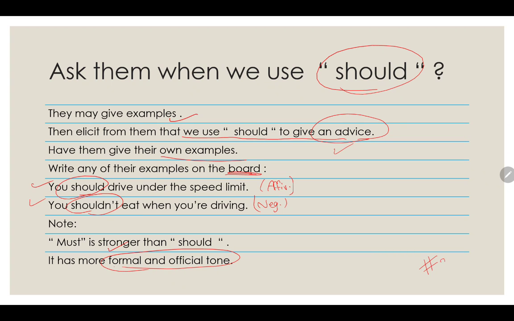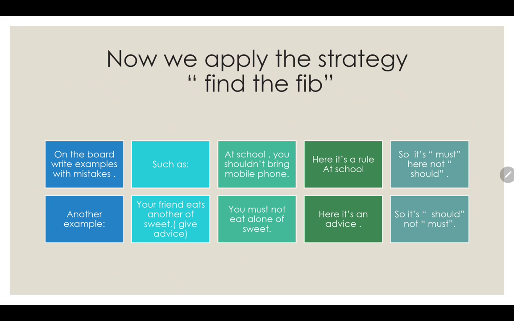This is number 2. So here we have finished with the brainstorm strategy. We are just eliciting from the students the examples, the rule, when we use must, when we use should, their own examples. Now let's move to another strategy, which is find the fib.